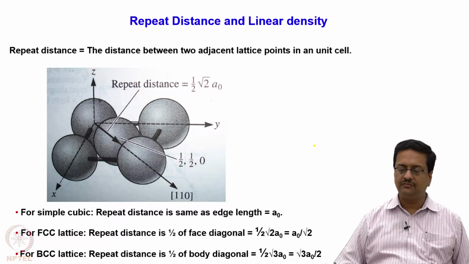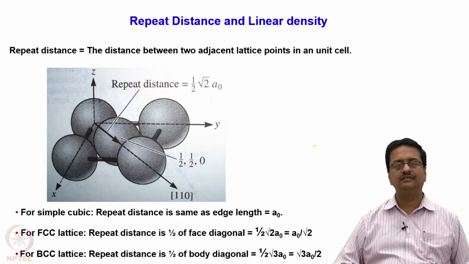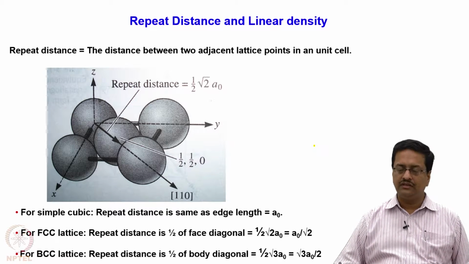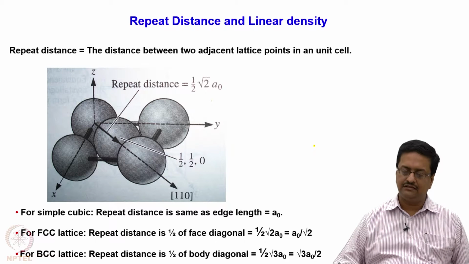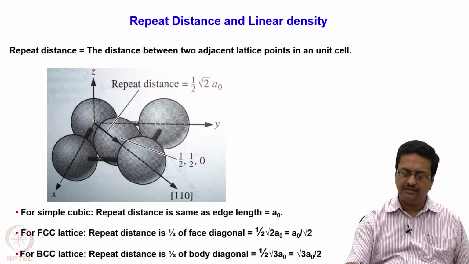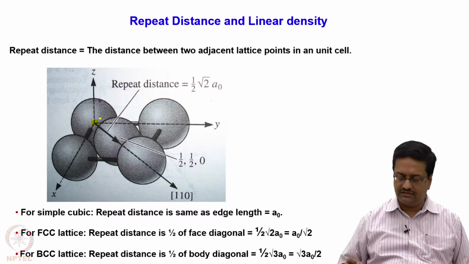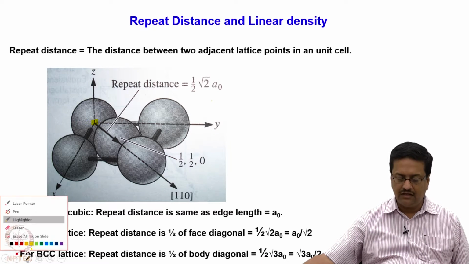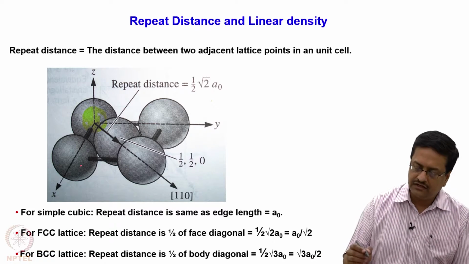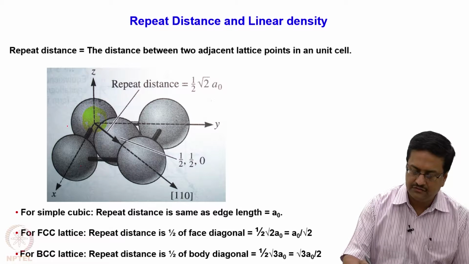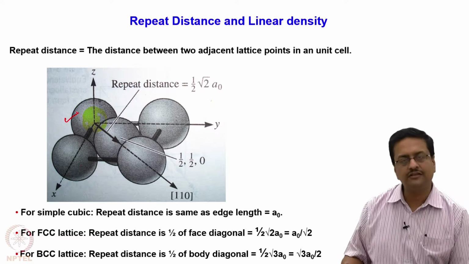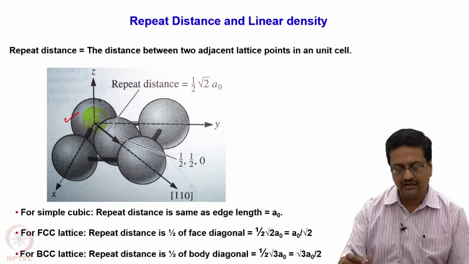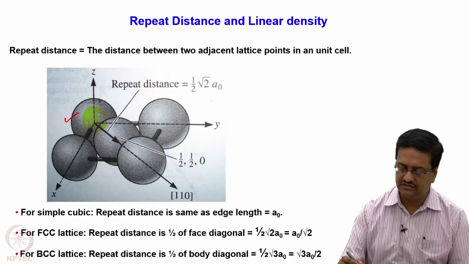A repeat distance means the distance between two adjacent lattice points in the unit cell. In the case of a face-centered lattice, we have an atom at the center of the face and an atom at the corner of the unit cell.